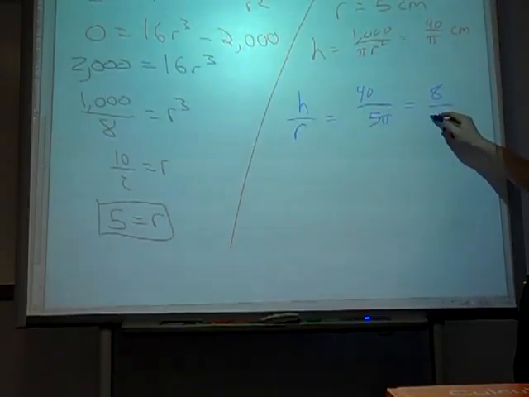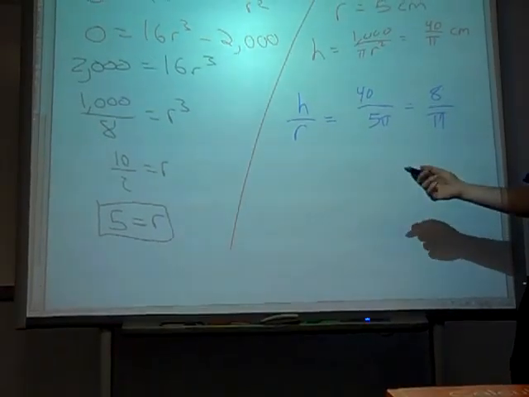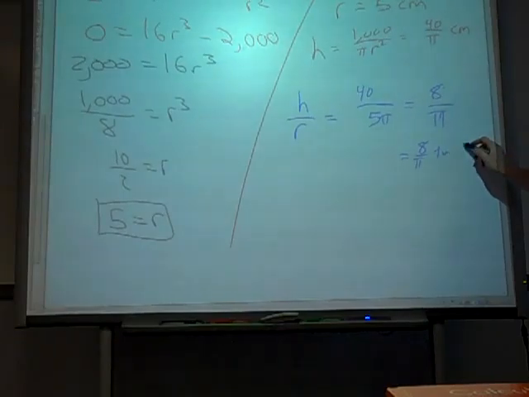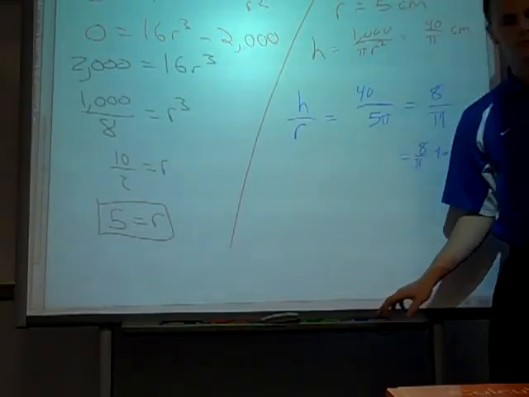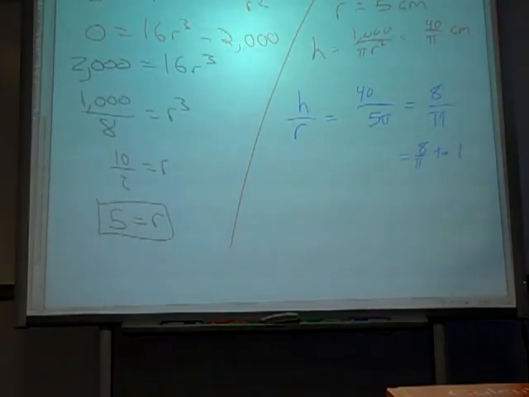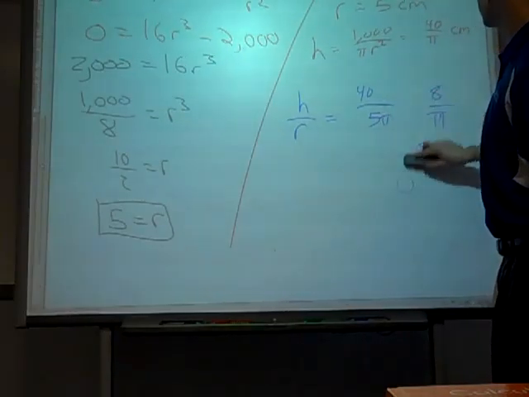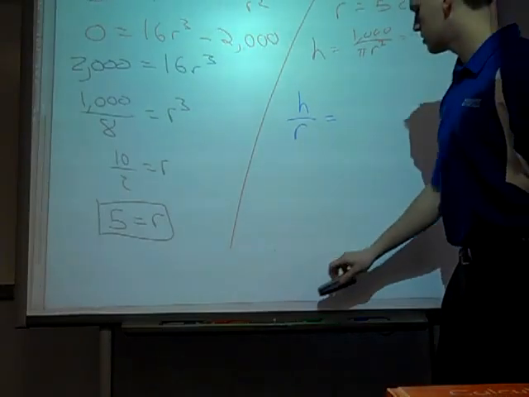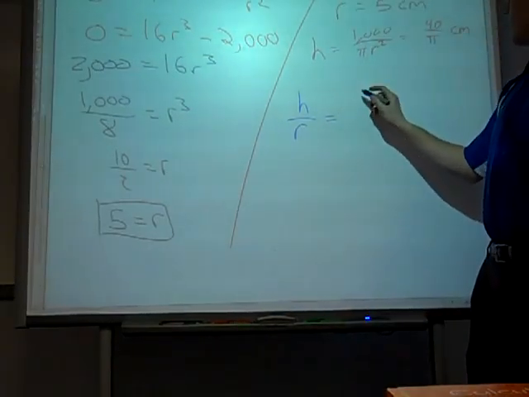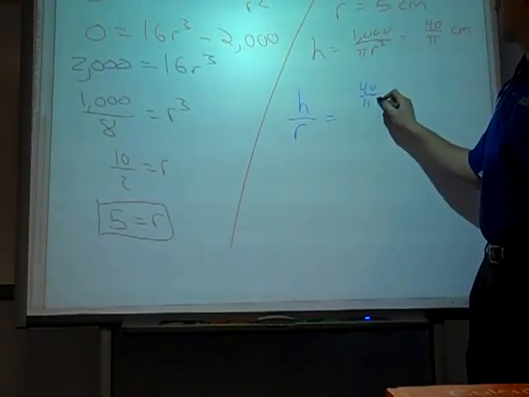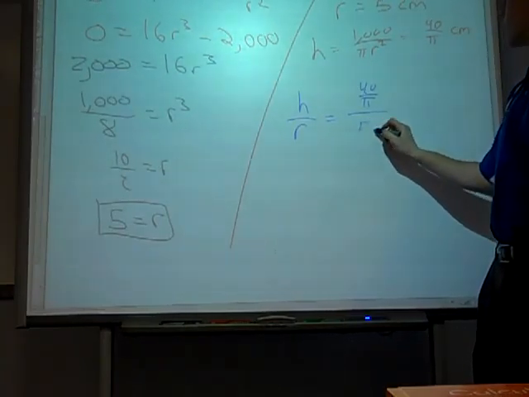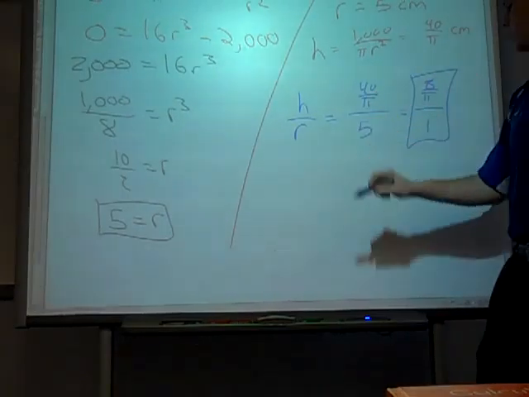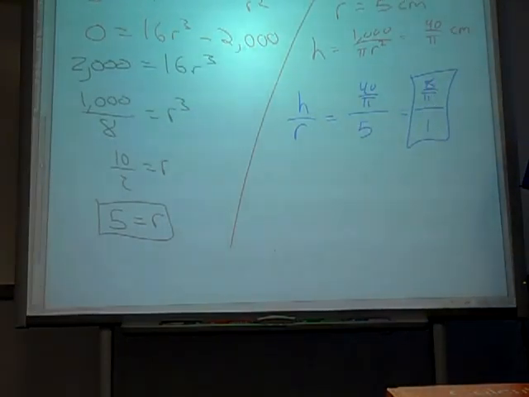So 8 over pi, or you could say 8 over pi to 1. Yeah, actually that's a better relationship. That's what they want. So height is 40 over pi. Radius is 5. So that's 8 over pi. There's your relationship. All right, we're done with that.